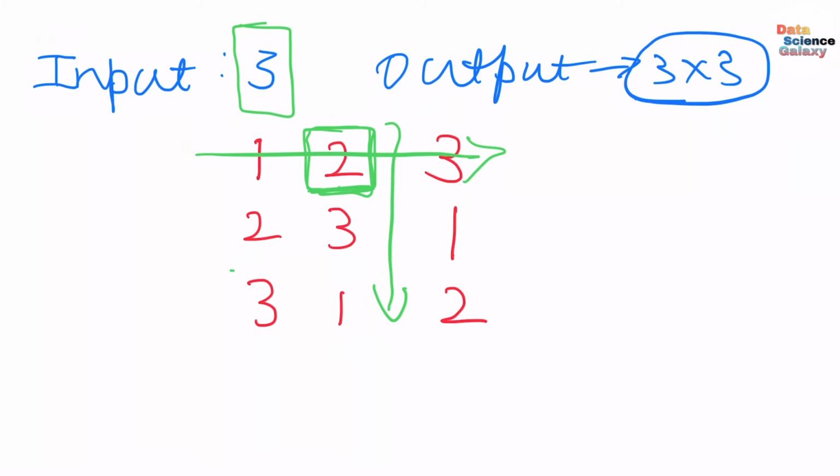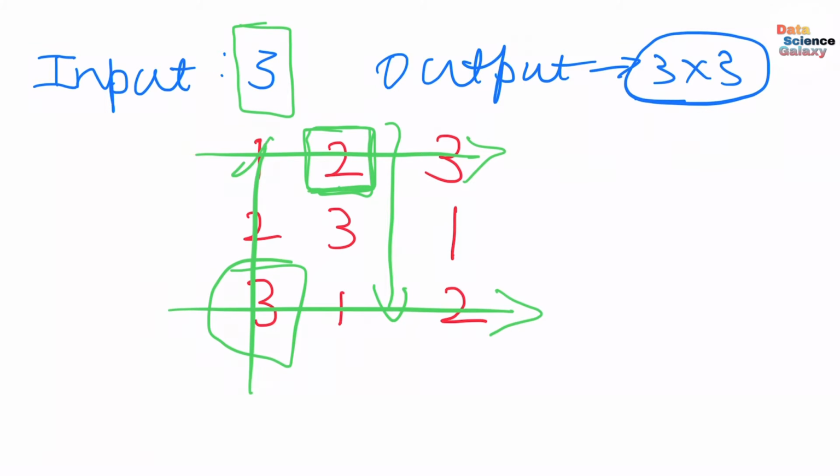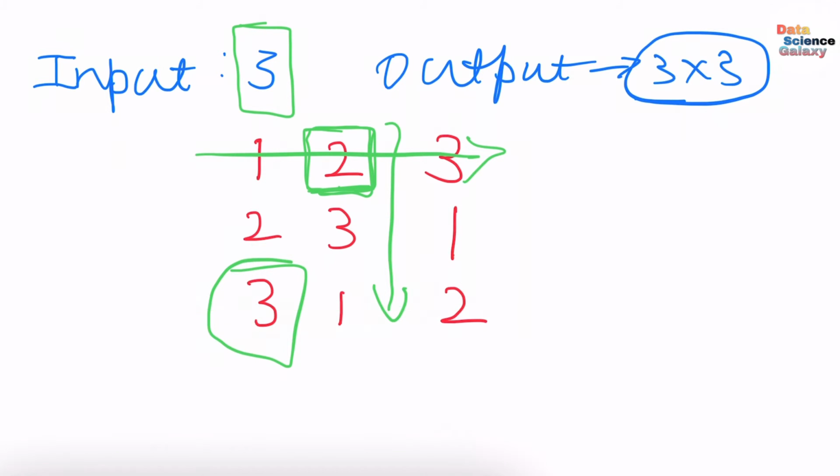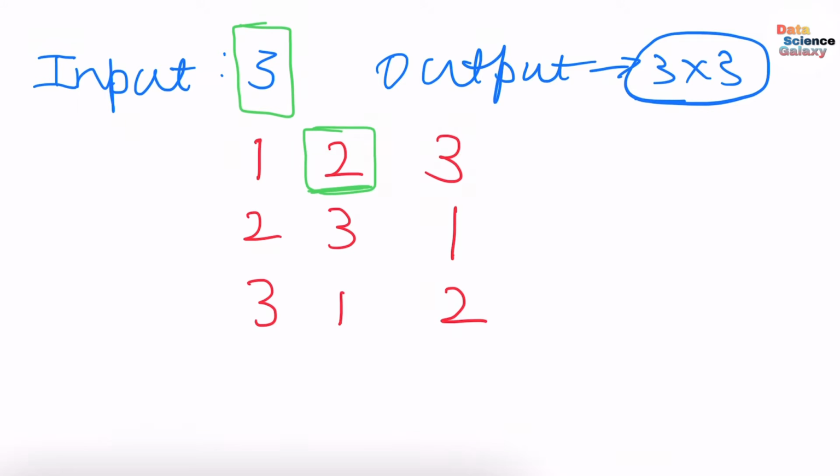Same way, let us take this 3. 3 is unique here and 3 is unique here. Let me clear all this and show you how the Latin square looks when the input is 3. Okay, so let's go and execute in Python.